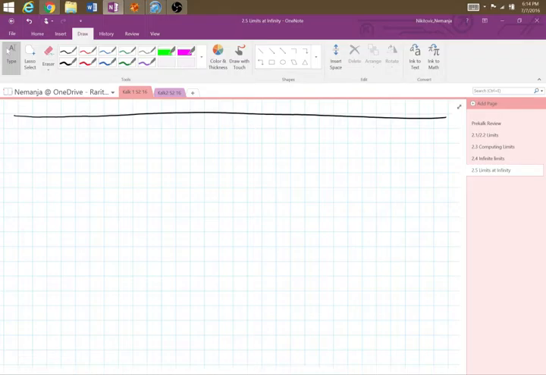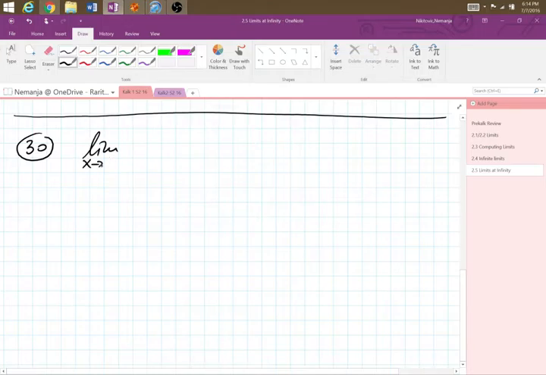So let's pick something from homework. They're all the same. You can solve one of these. Let's go with problem 30 because we can. So x goes to infinity.